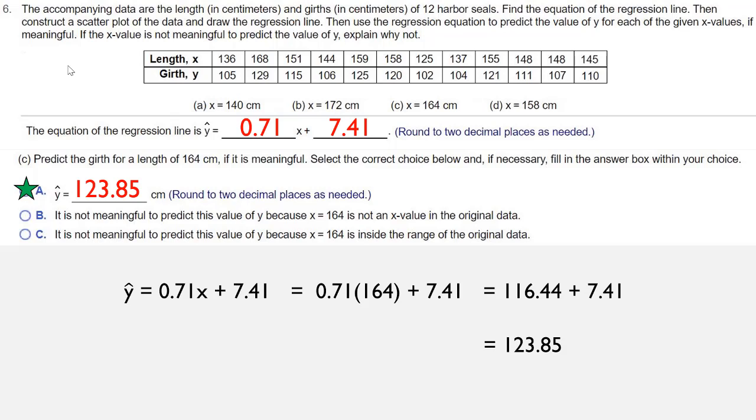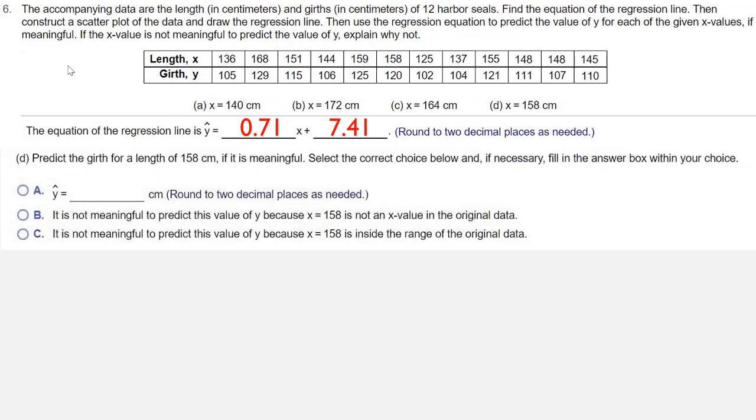So last but not least, part D, predict the girth for a length of 158 centimeters if it is meaningful. Select the correct choice below, and if necessary, fill in the answer box with your choice. So this time 158 falls within the range between 125 and 168. And so we'll proceed. Y hat equals 0.71x plus 7.41.